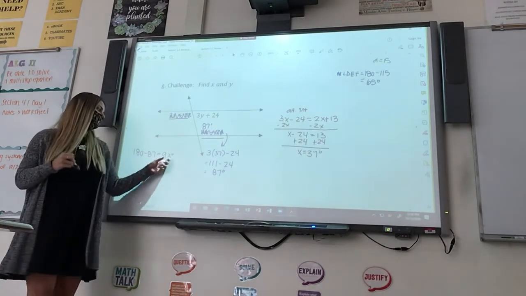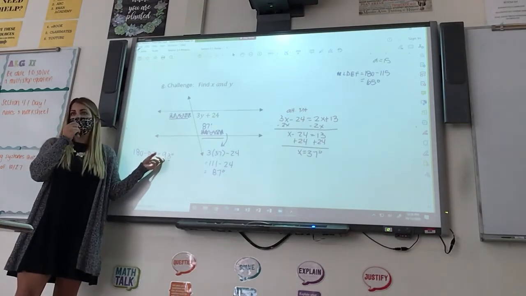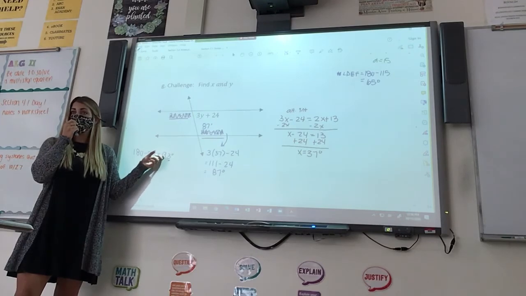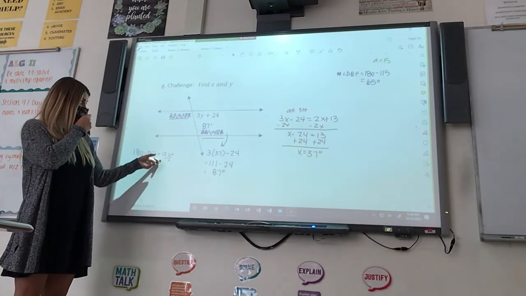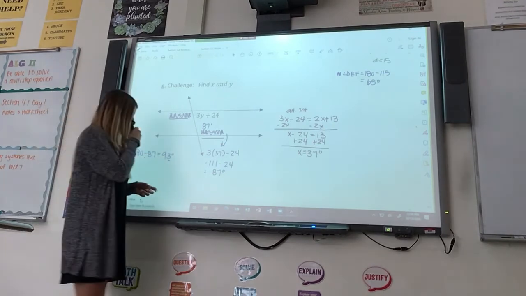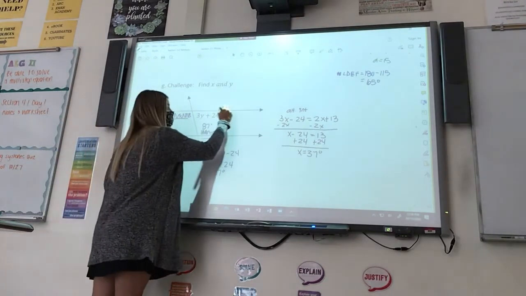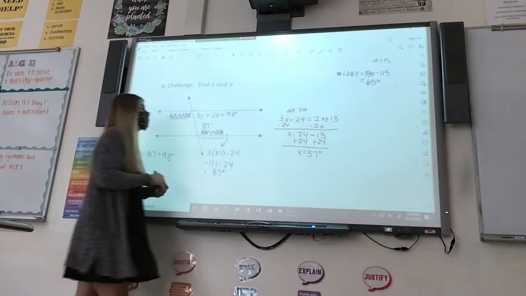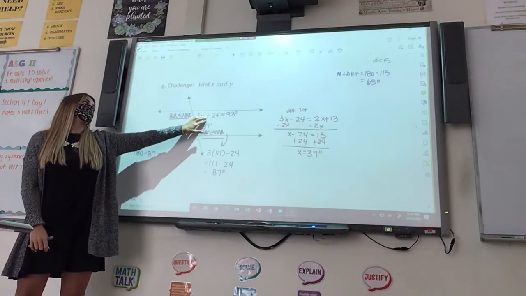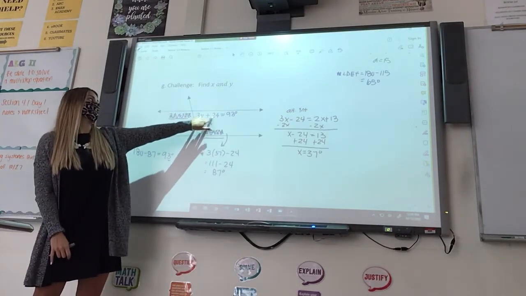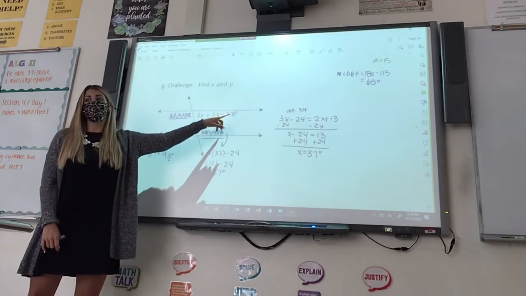So what is this telling us? What is 93 degrees? Because it's not y. Riley? That is 3y plus 24. We found that this angle is 93 degrees, so I could set 3y plus 24 equal to 93.